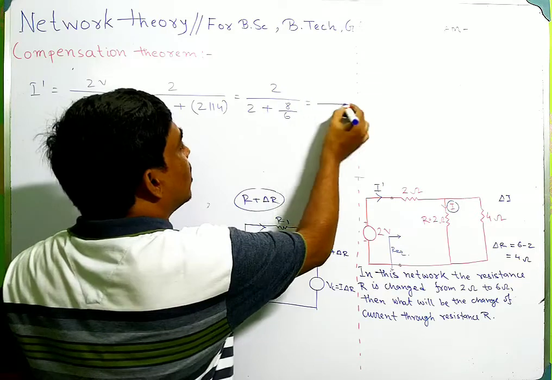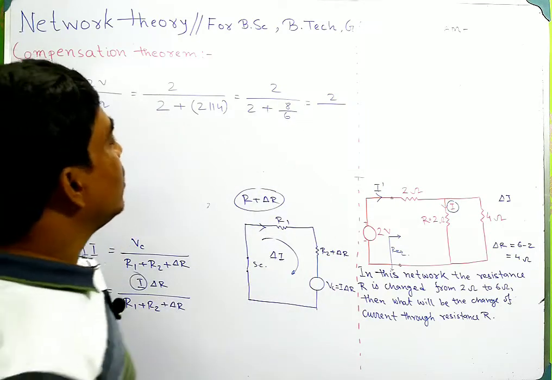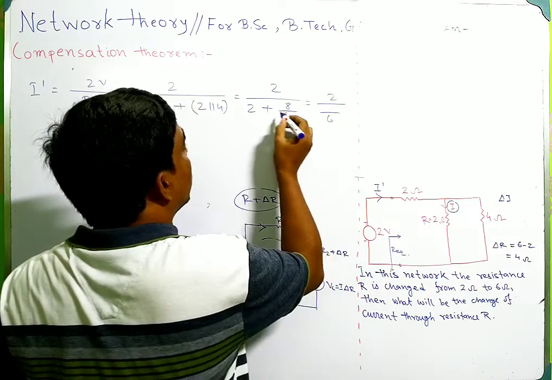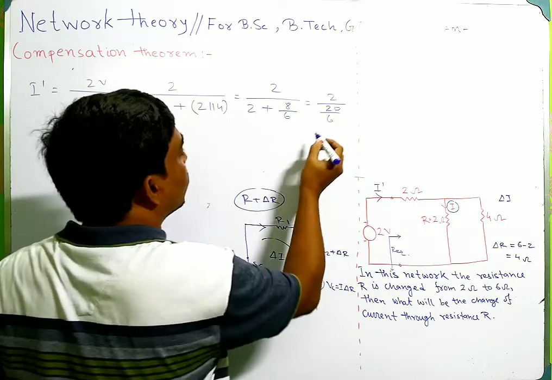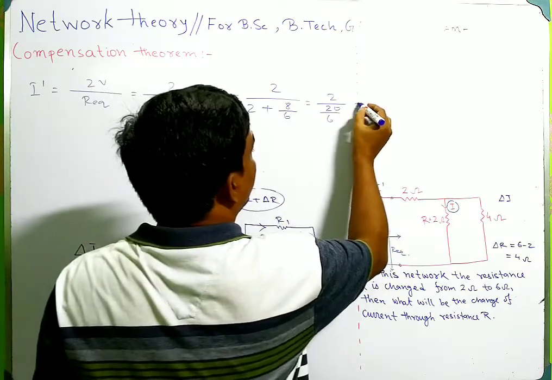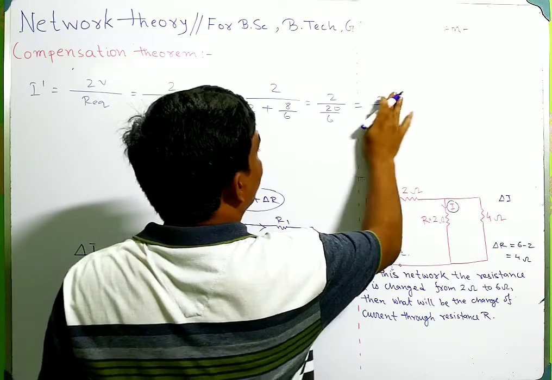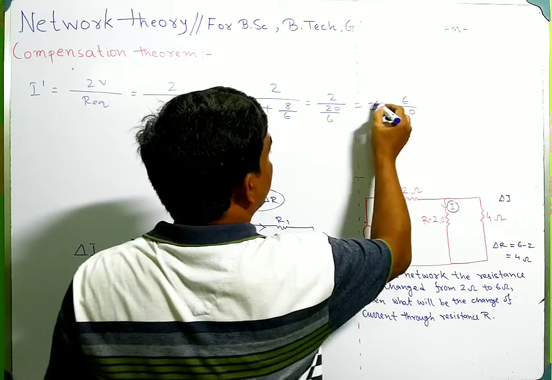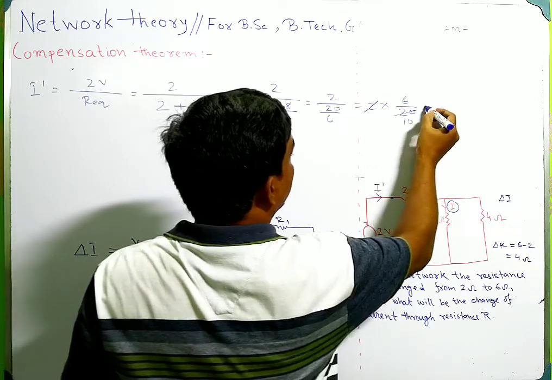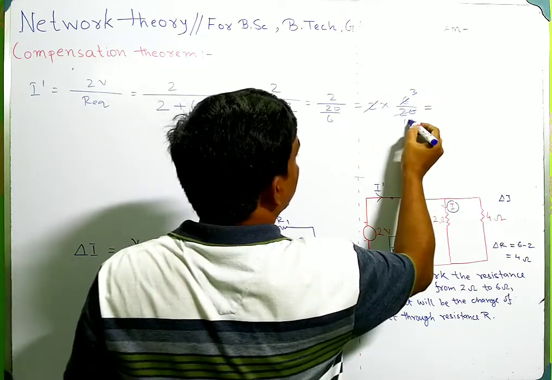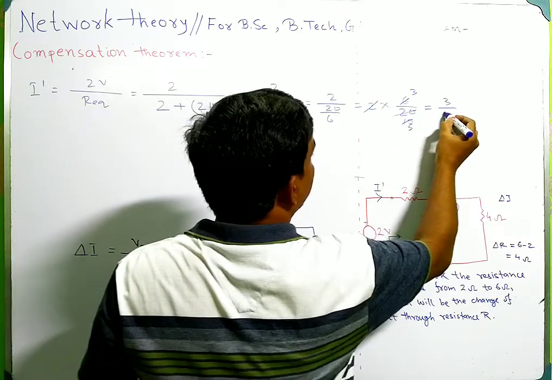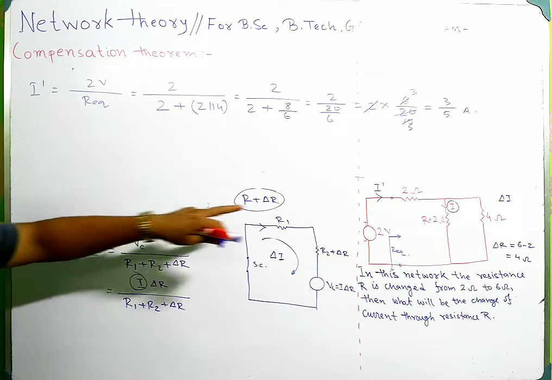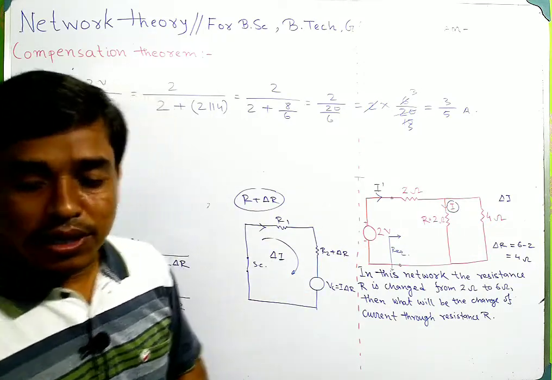So it will be 2 divided by 6, 20. Okay, so it will be 2 into 6 by 20, that means 10. So it will be 3 by 5 ampere. Okay, so I dash is 3 by 5 ampere.